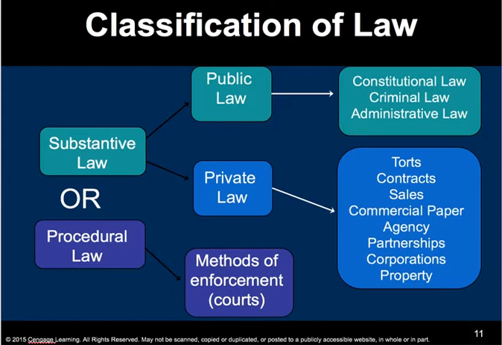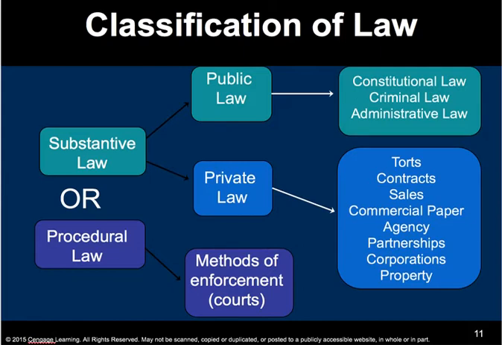Now, if you decide that it's substantive in nature, then you move on to the second step in the analysis, and that is, okay, we're dealing with a substantive law issue. Is it public law or is it private law? And remember, you're going to look at the relationship between the parties to make that determination. If the relationship is between two private individuals, or an individual and an entity, or two entities, then you're dealing with private law.